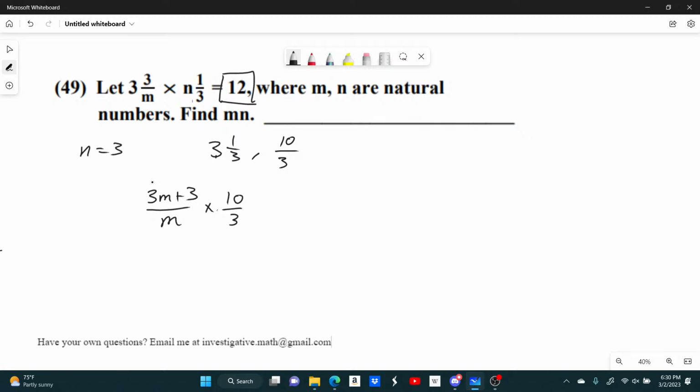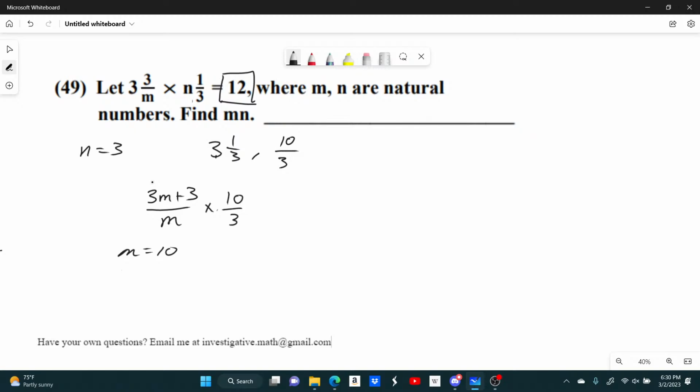And the thing with this is, so m could be 10, right? But at the same time, if you're using this logic, m could be 20. It could literally be any multiple of 10. That's why I'm asking if there's a better way. But this is the best way that I've figured out so far.